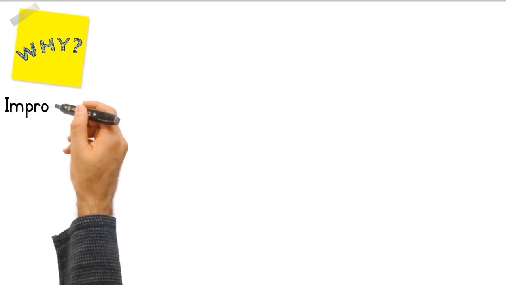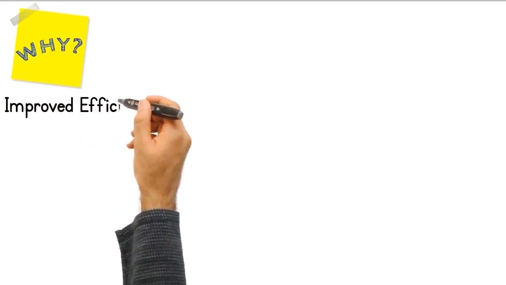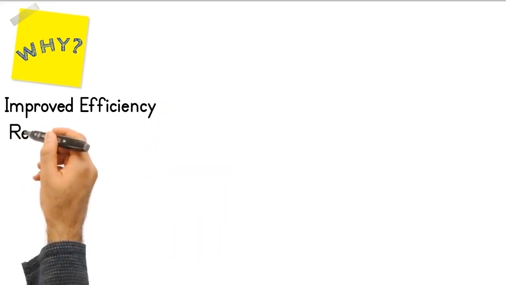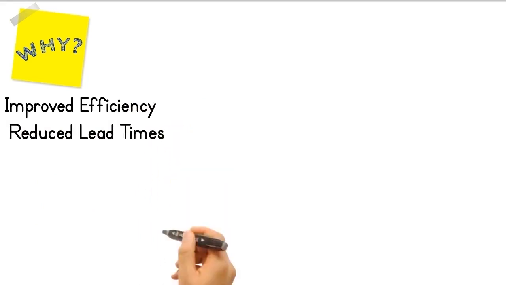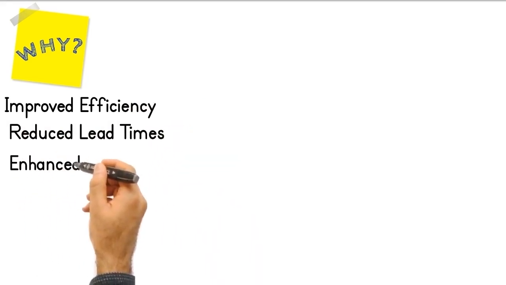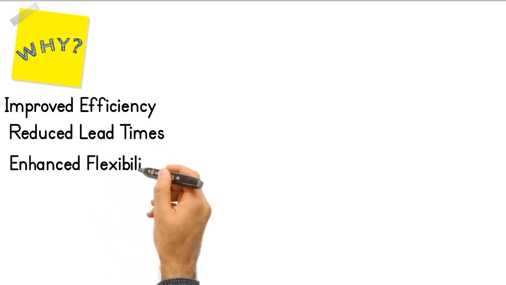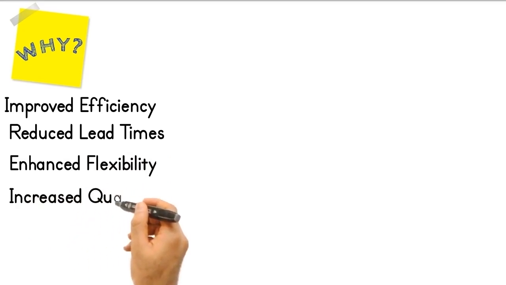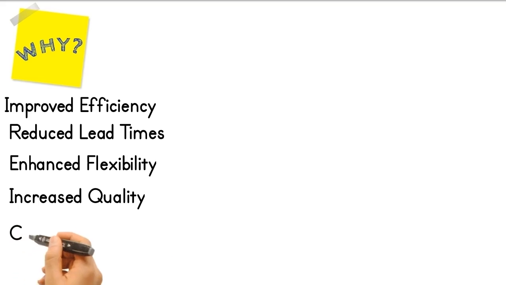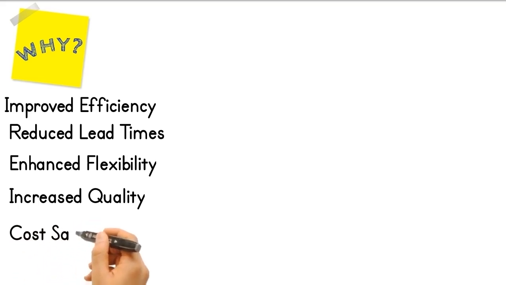Why is cellular manufacturing important? By organizing machines and workstations in a way that minimizes unnecessary material handling, travel time, and waiting, cellular manufacturing helps increase production speed and efficiency. The flow of materials within a cell is streamlined, which leads to faster production cycles and shorter lead times. Cellular manufacturing allows for easy reconfiguration of production cells to accommodate different product types or adjustments in demand.